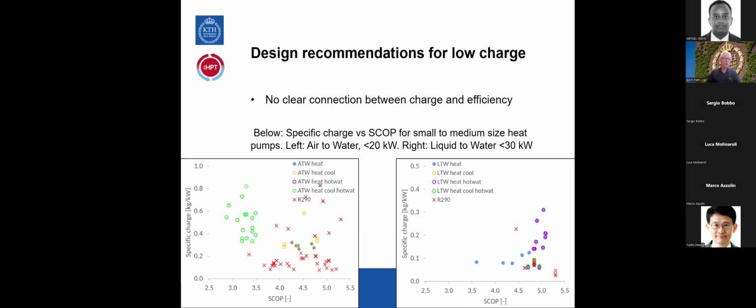And what I want to point out here is that it is not a clear connection between the seasonal COP and the specific charge. So it's possible to build systems with low specific charge and still with high seasonal COP. This is true both for air-water heat pumps and for liquid water heat pumps.